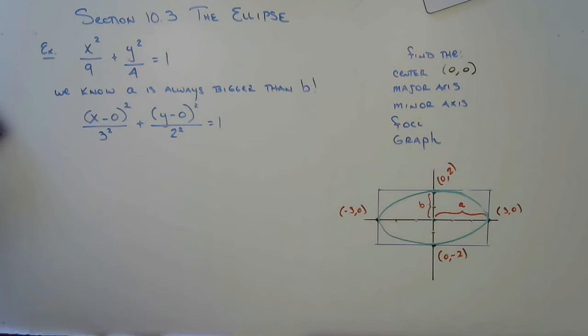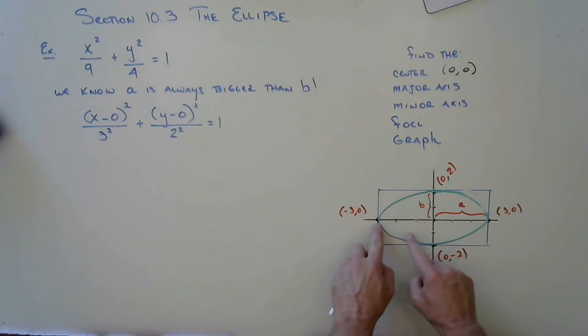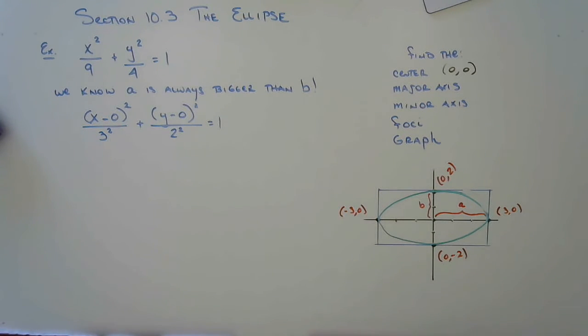Now what do they want us to do? They want us to write down the major axis. What's the major axis? When they ask us to write down the major axis, how do they want us to talk about that? Well, we can see the major axis. It's right here. It goes from here to here. They may ask us, how long is the major axis?